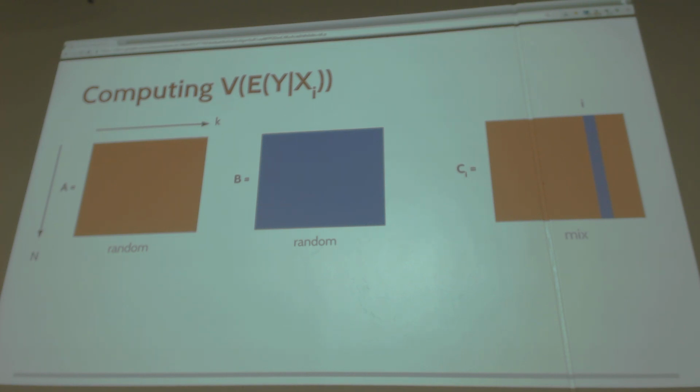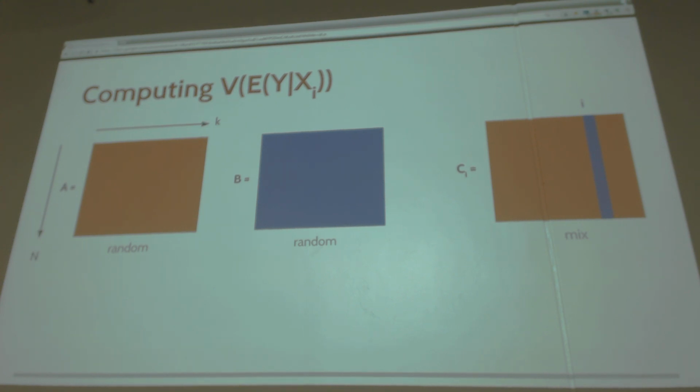So the idea is that you create two matrices A and B. You have k parameters, k is on the x-axis over here, and you generate n points in the space of k parameters 2 times. And so you get basically 2n points. You call the first n of these points A, and you call the second n of these points B. These are 2 independent samples of points in the k parameter space.